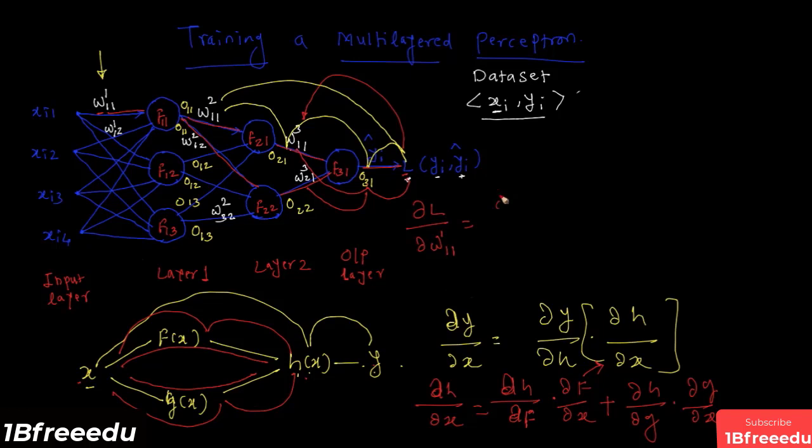So, the derivative of loss with respect to ∂O31 into the derivative of O31 with respect to this W111. Now I have to compute this.